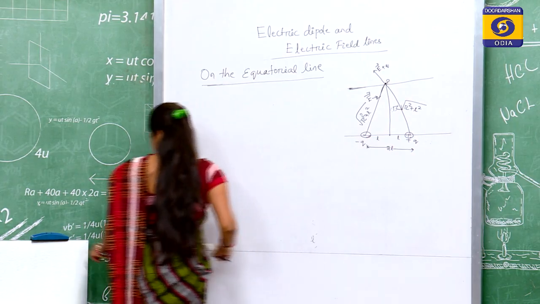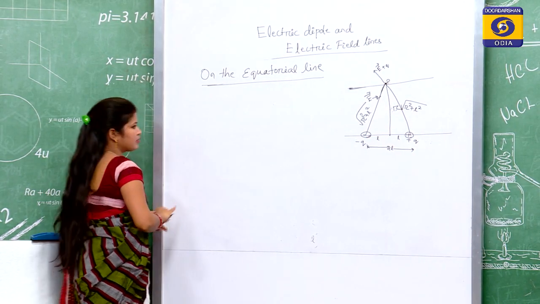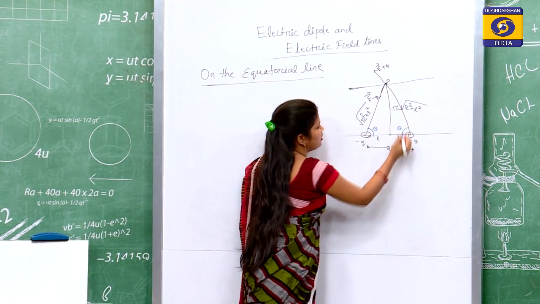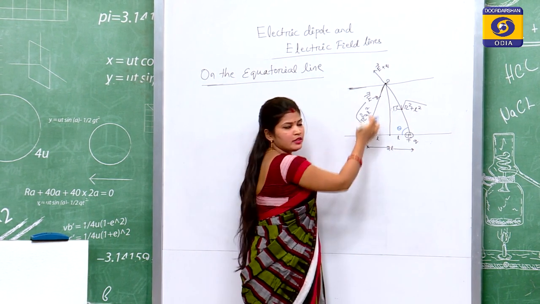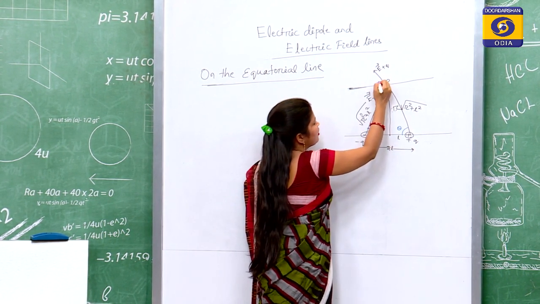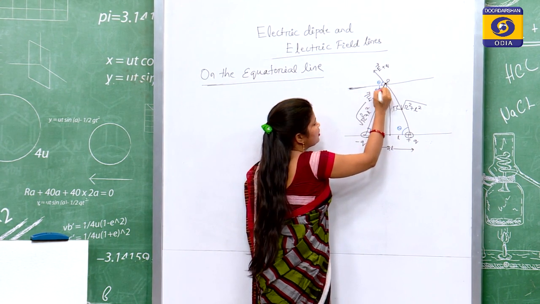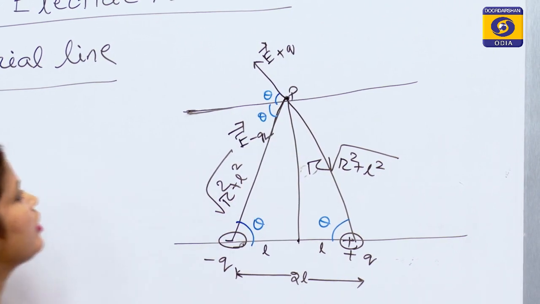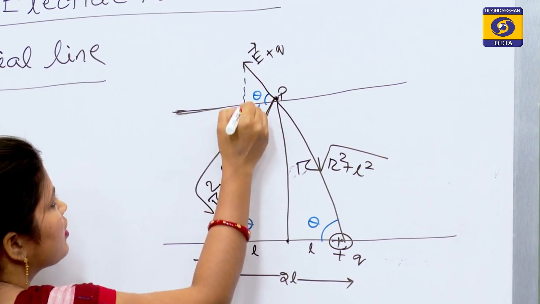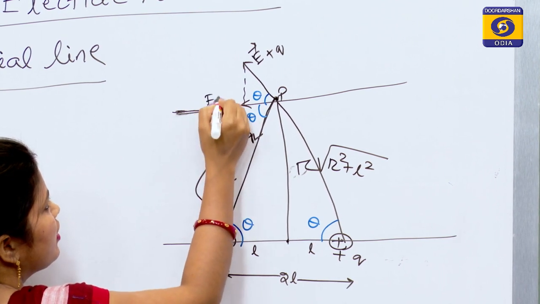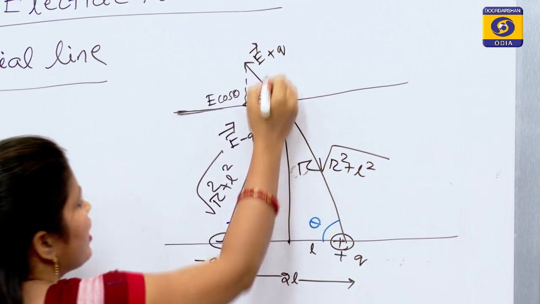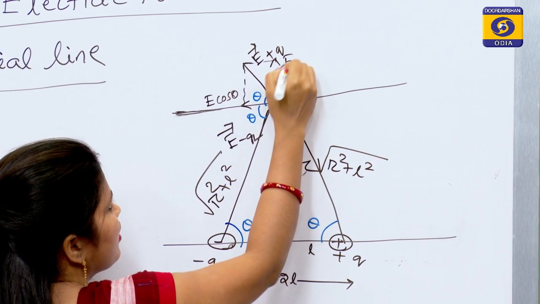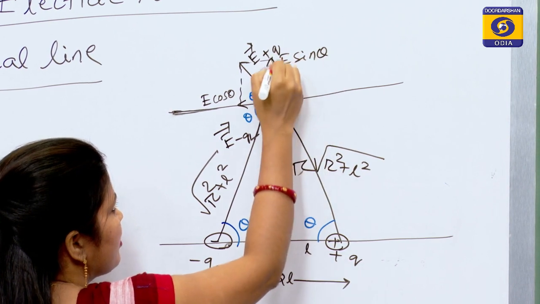See, the angle here is theta and here also theta. So, these are two parallel lines. So, this angle will also be theta and this angle will also be theta. So, on resolving E plus q, it will give E cos theta, and another component will be E sin theta.